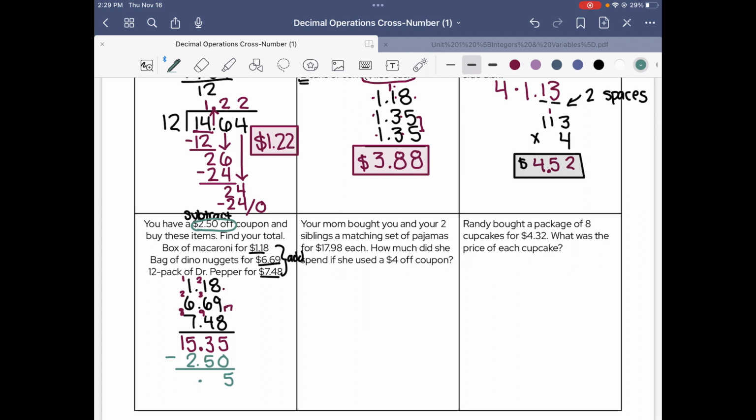I can't do 3 minus 5, so I'm going to borrow from the 5, turning it into a 4, and turning the 3 into 13. 13 minus 5 is 8. 4 minus 2 is 2. And there's nothing to subtract from the 1, so it stays there. So instead of $15.35, we're spending $12.85.